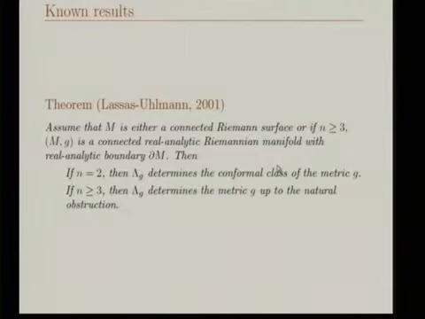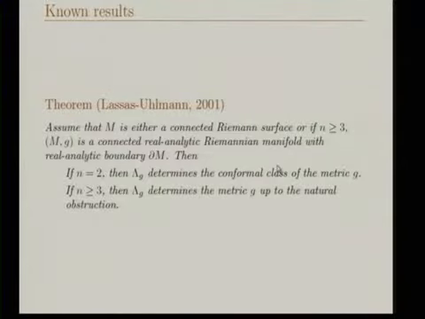By real analytic Riemannian manifold, I mean M is real analytic, G is also real analytic. This is required for 3 dimensions and higher, because there is analytic continuation involved even here. But for 2 dimensions, that's not the case. So in 2 dimensions it is important that it is only C infinity.